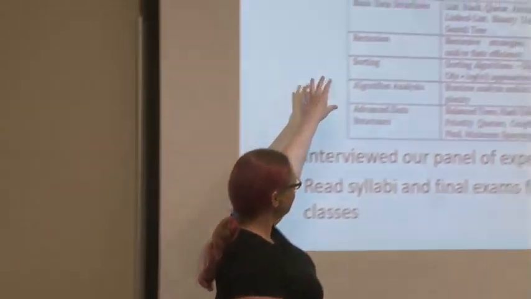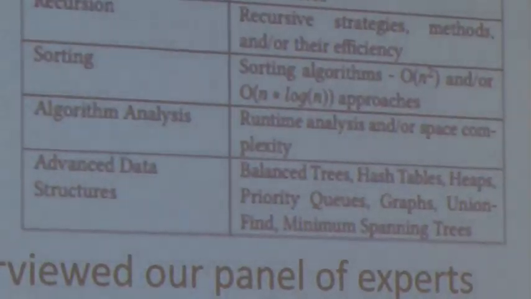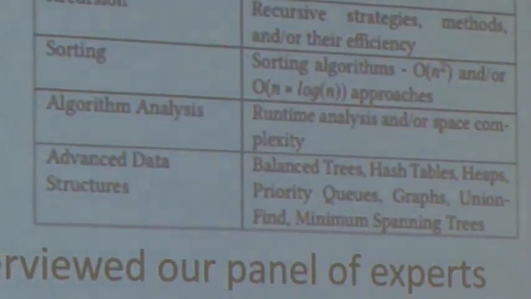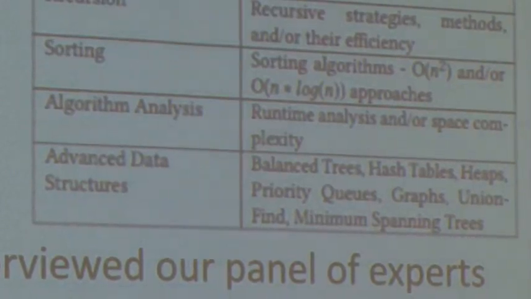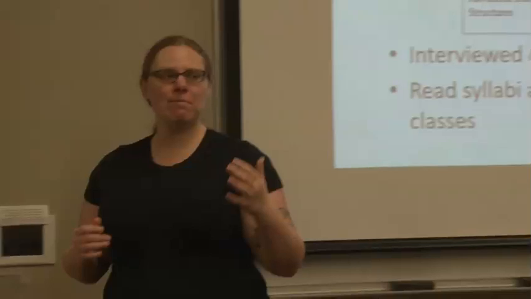A big CS2 topic was algorithm analysis, which we also call runtime analysis. Algorithm analysis is more or less just the theoretical idea of how do we tell how fast a program will be, and it's sort of how do we mathematically analyze the speed of a program.